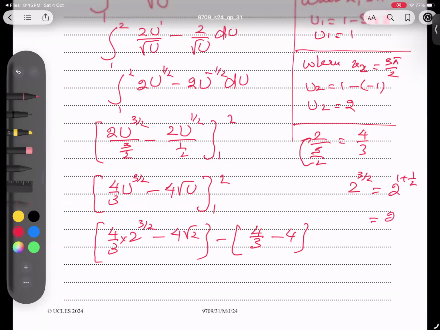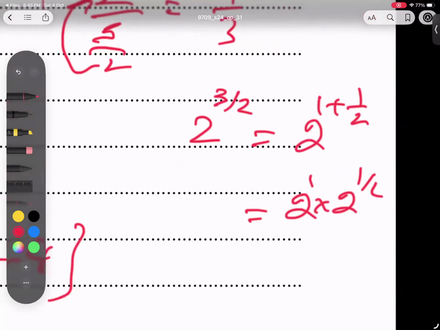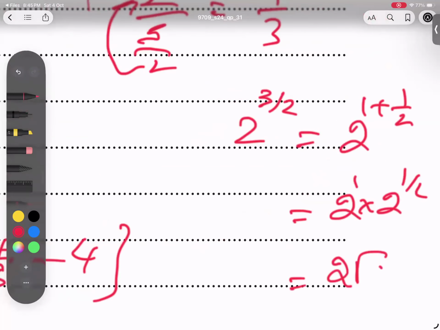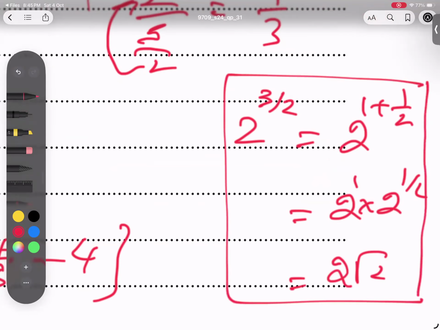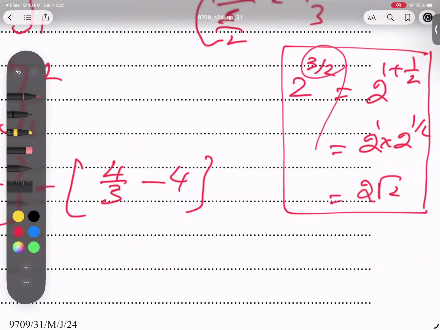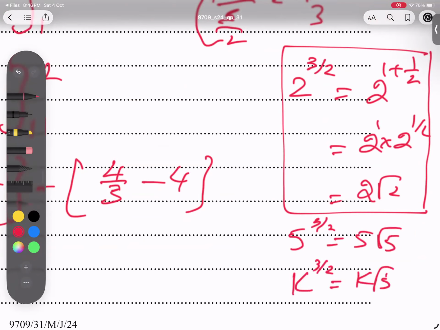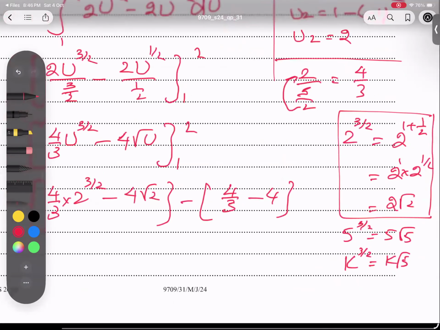I can break it into two portions, 2 to the power 1 and 2 to the power half. If you look carefully, it turns out to be 2 root 2. In future, make sure whenever a 3 by 2 power comes, for example 5 to the power 3 by 2, I can write 5 root 5. k to the power 3 by 2, I can write k root k. So don't forget this technique.